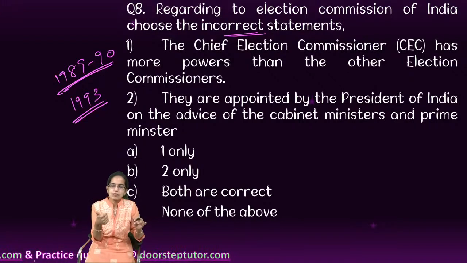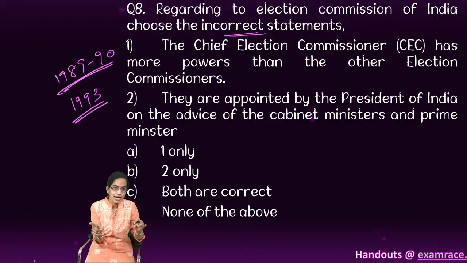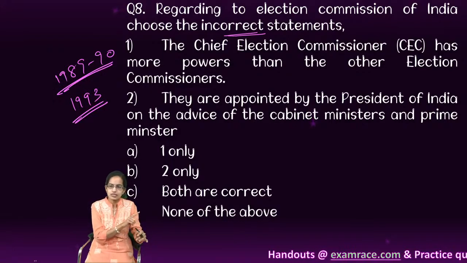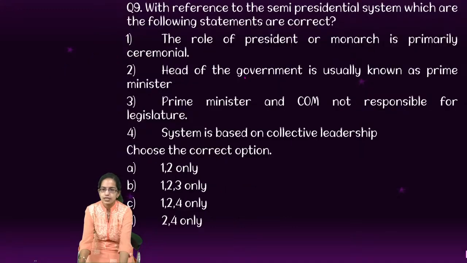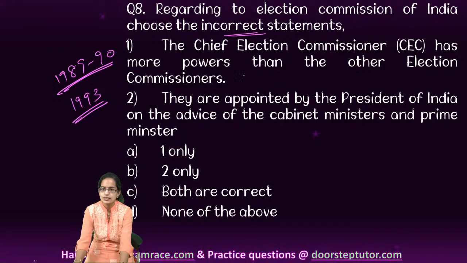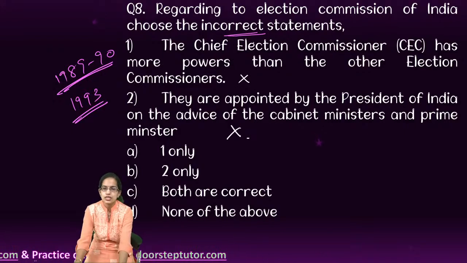The second statement says they are appointed by the President of India on the advice of not the cabinet, not the Prime Minister, but the Council of Ministers. So statement 1 is incorrect, and statement 2 is again incorrect.